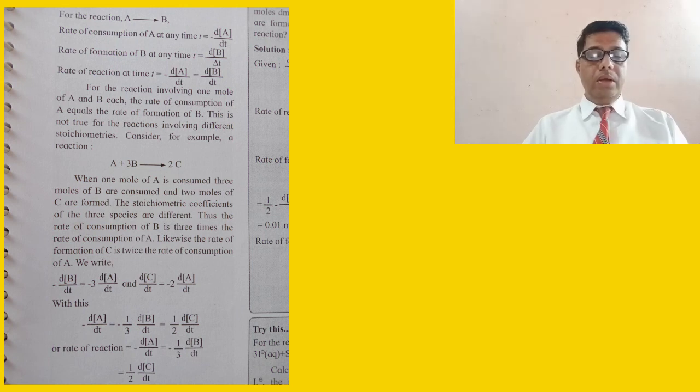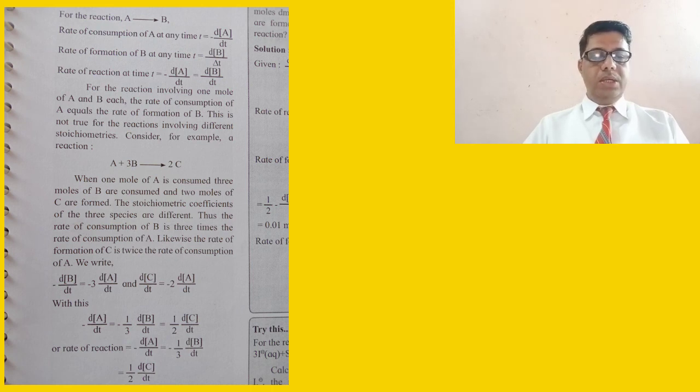While we are observing this, the reaction considered is A gives B. Here 1 mole of A and 1 mole of B. The rate of consumption of A equals the rate of formation of B, as there is 1 mole on the reactant side and the product side. So this expression is not applicable if the number of moles is different on the reactant side and the product side, or the stoichiometry is different.